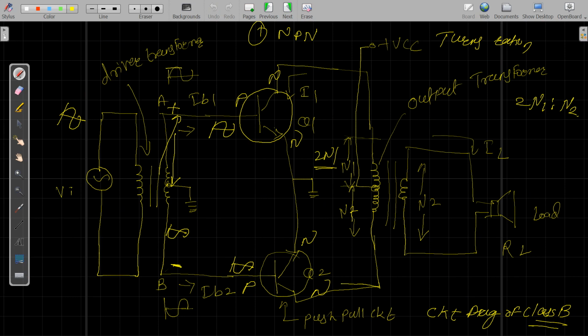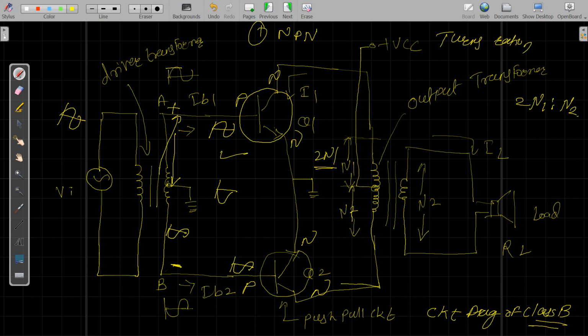That means when Q1 is conducting, the lower half of the primary of your output transformer will not have any current, and only N1 number of turns carry the current.